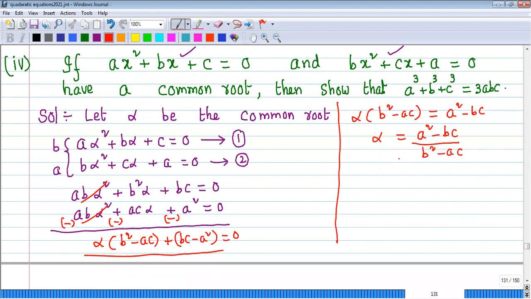So now substitute this alpha either in equation 1 or equation 2. You will get the answer.